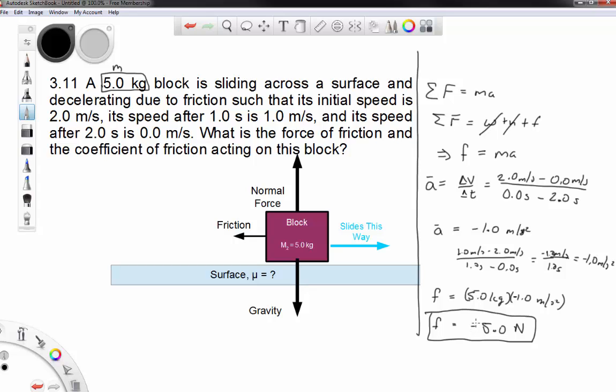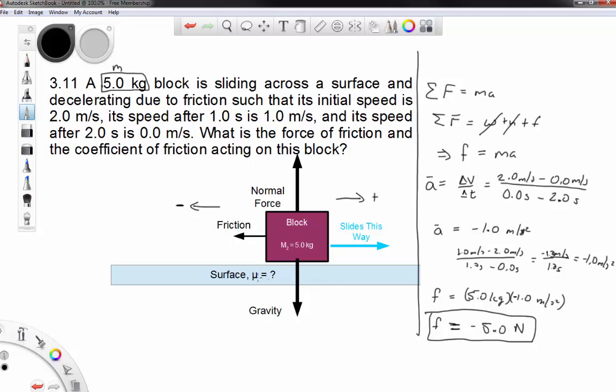And then the minus sign is not strictly necessary. You could think of it as being that we've defined this way to be the positive direction, and so the friction is acting in this way, which is the negative direction, and that's where that minus sign has come from.